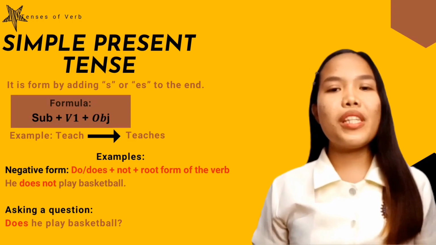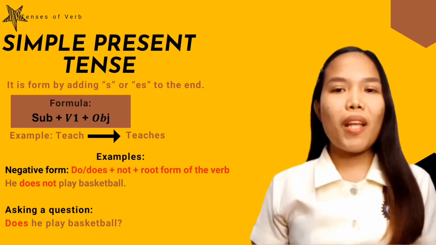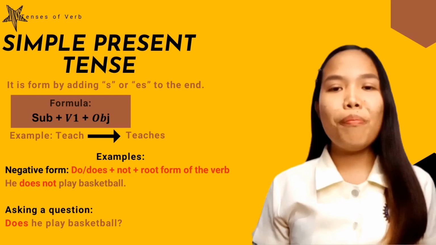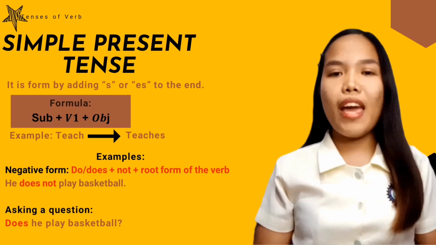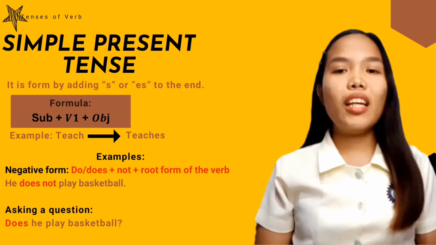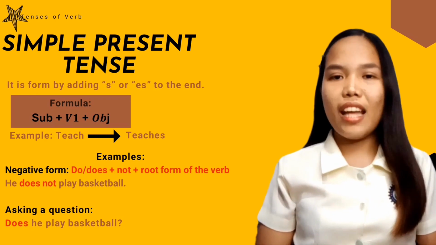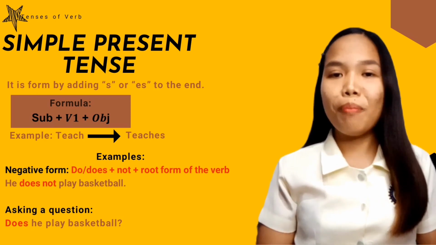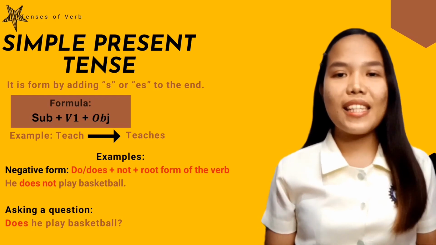The formula for simple present tense is simply subject plus V1 plus the object. It is formed by adding es or s to the end. If the verb ends with y and the letter before it is a vowel, you're just gonna add s to the end. For example, play. In simple present tense, it will become plays.